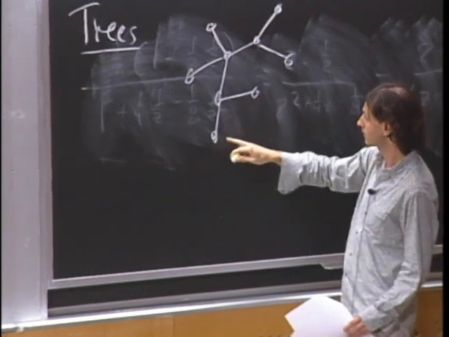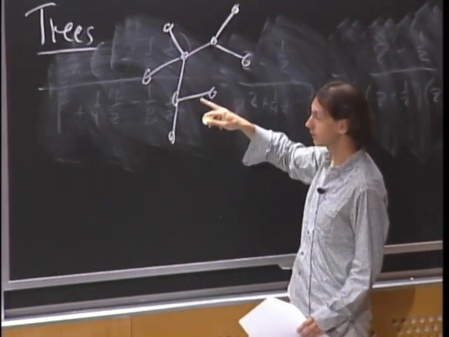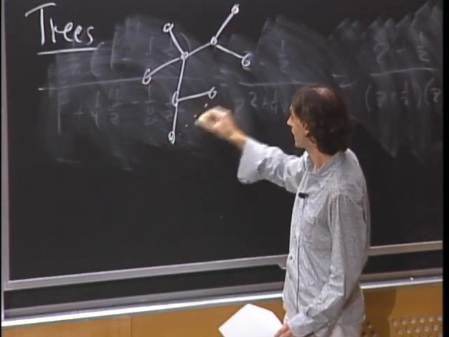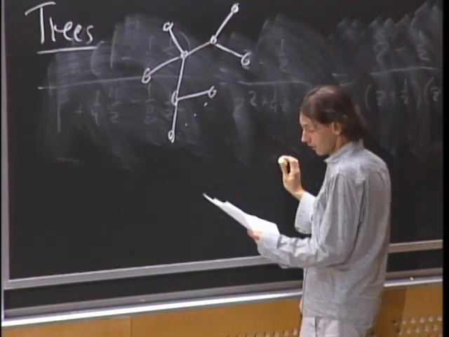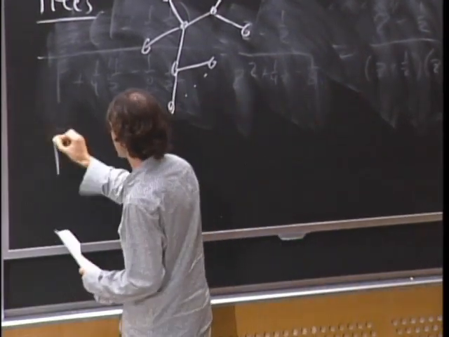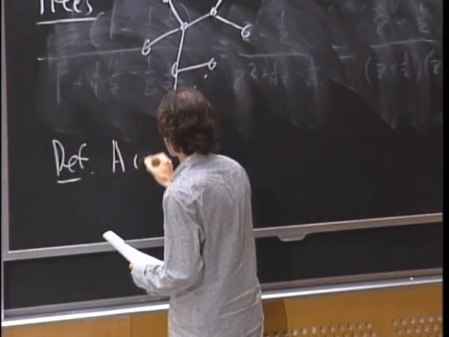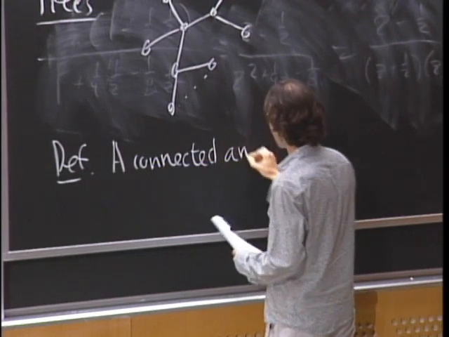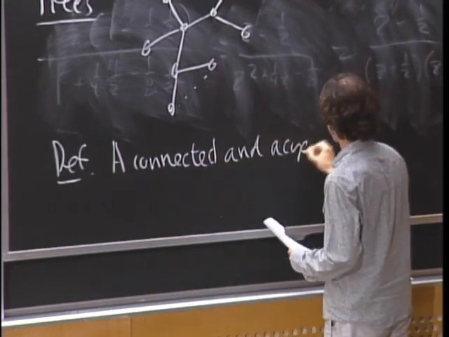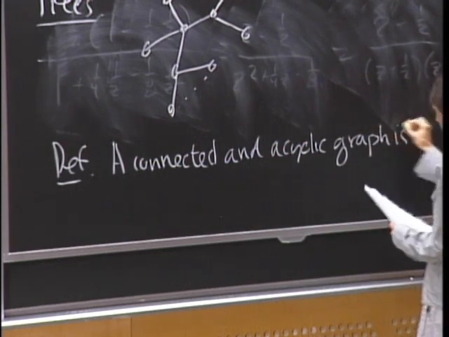So in this case, we can see that every vertex is connected to every other vertex, but there is no cycle like a triangle or something that is connected all around. So let's define this properly. A definition is that a connected and acyclic graph is called a tree.